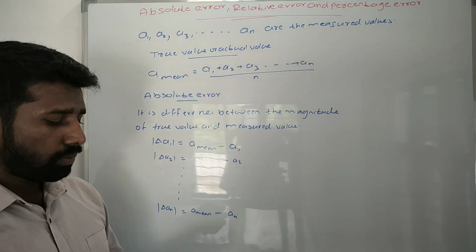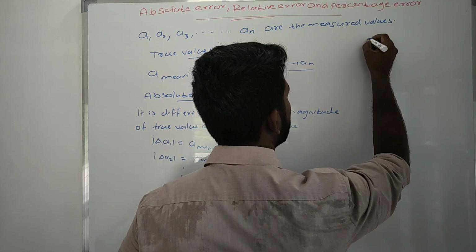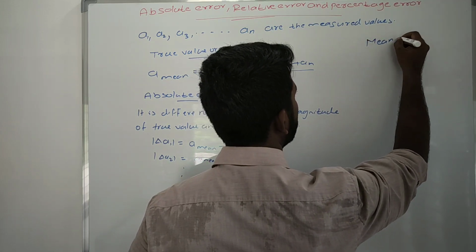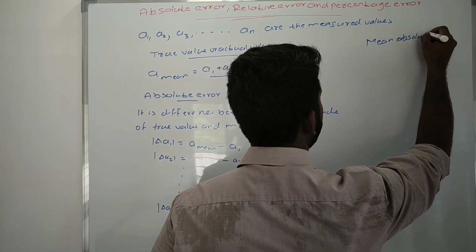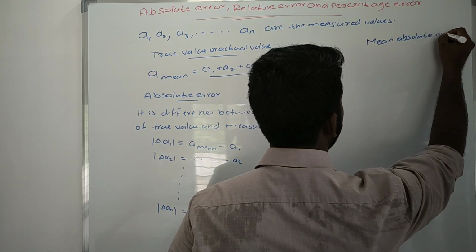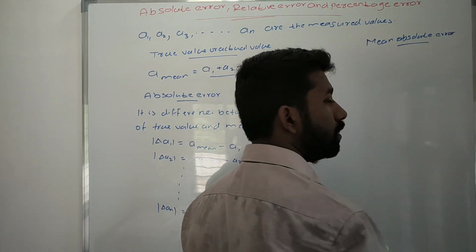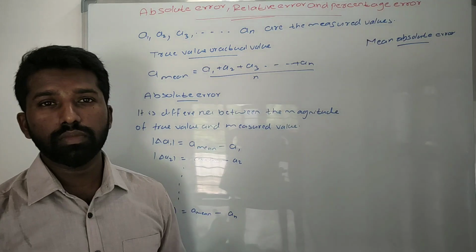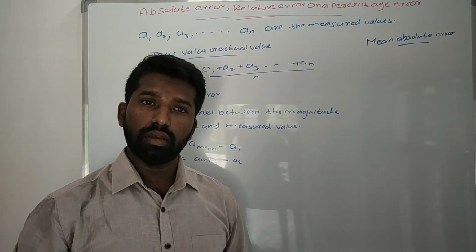Now we will see the mean absolute error. The mean absolute error is the maximum possible error in a measurement.